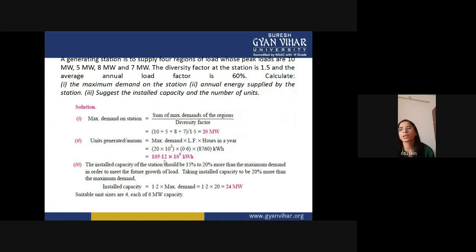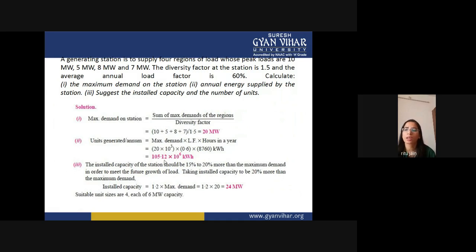Now let's come to the next point, the installed capacity of the station and what must be the number of units. The installed capacity of a station should be 15% to 20% more than its maximum demand, in order to meet the future growth of the load.